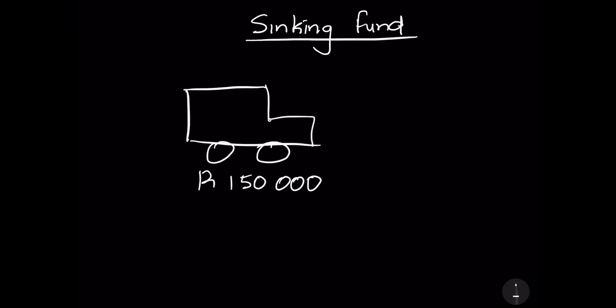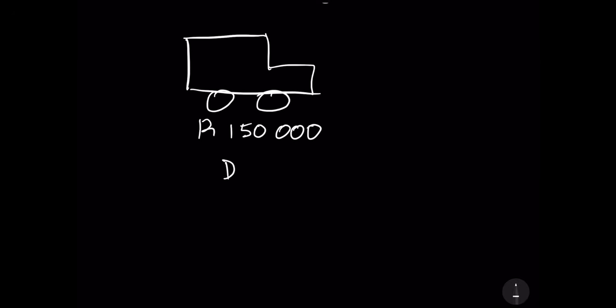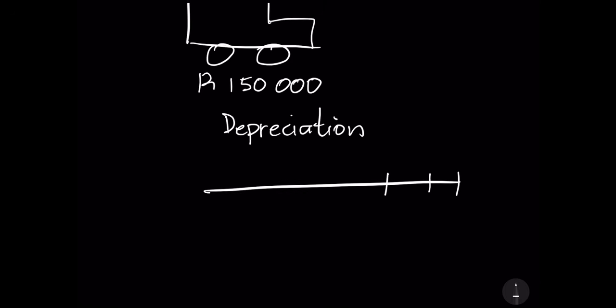So this is what the car costs us today. But remember what's going to happen. If we're using this car, the car depreciates. So depreciation takes place. At the end of a period of time, let's just say at the end of 5 years, this car does not cost the same amount.